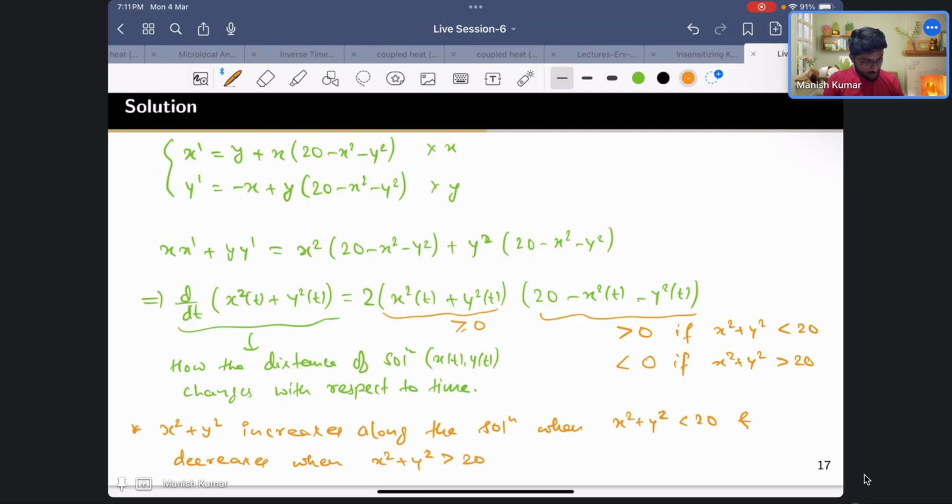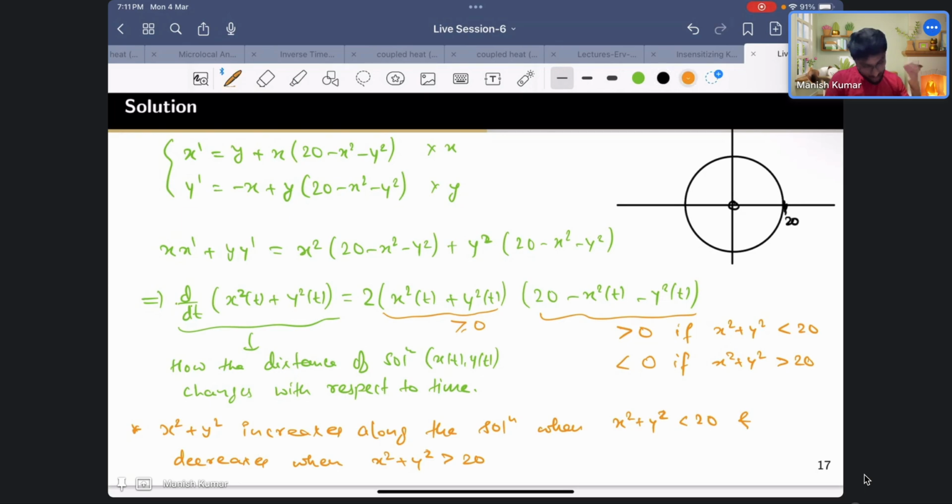In other words, in terms of picture, it's maybe like this. So let me draw this. You just remove this 0 equilibrium point. Okay, and let me say this is the circle of radius 20, this unit is 20.